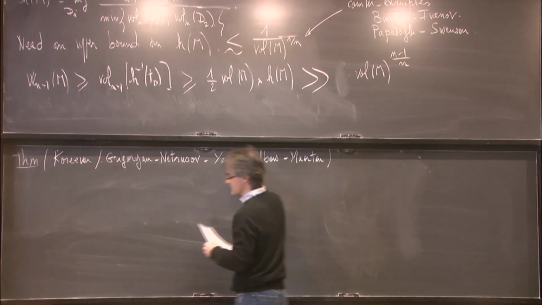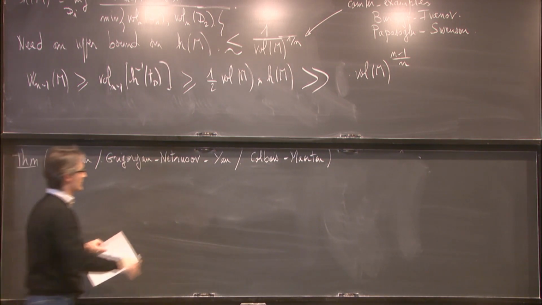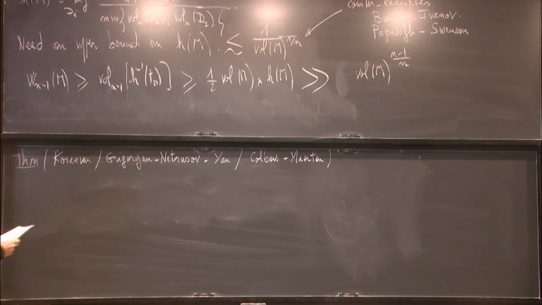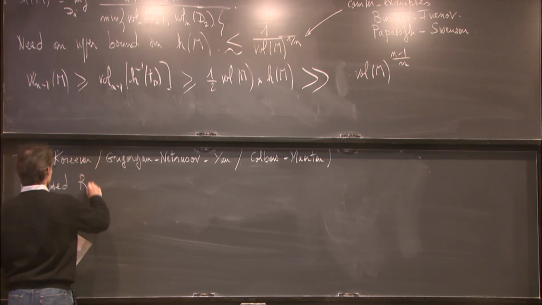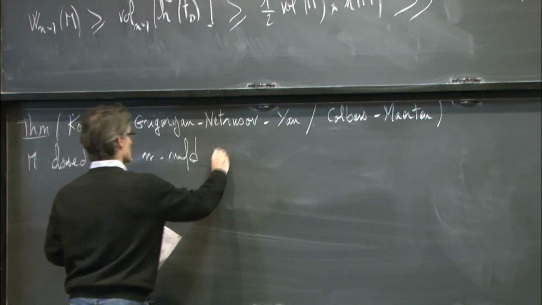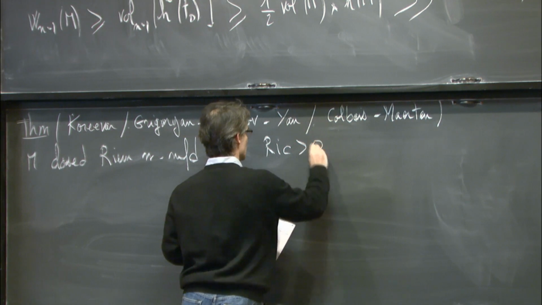I'm mentioning those names because later on in the proof I'll rather use the techniques developed by these two authors. So here you have M, which is let's say a closed Riemannian manifold with non-negative Ricci curvature.